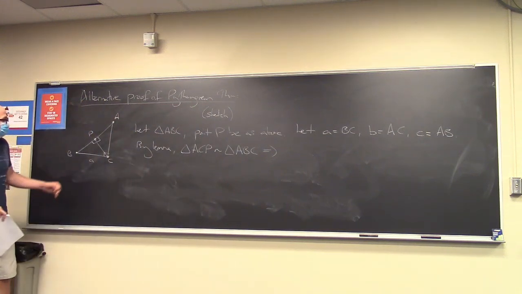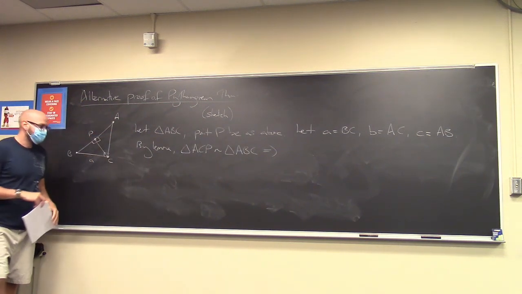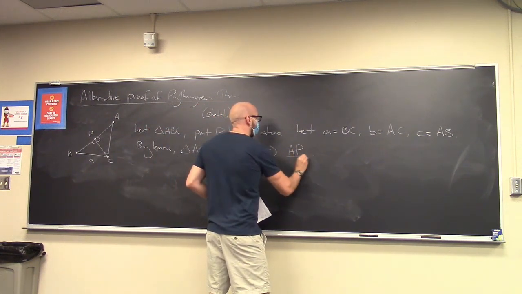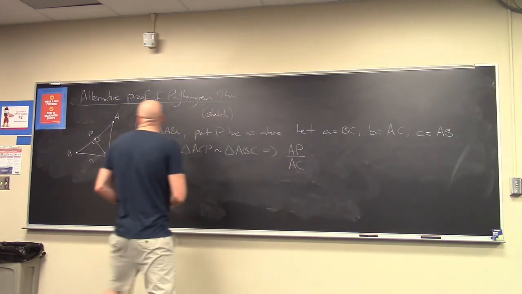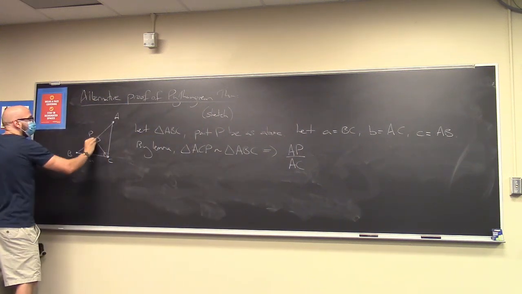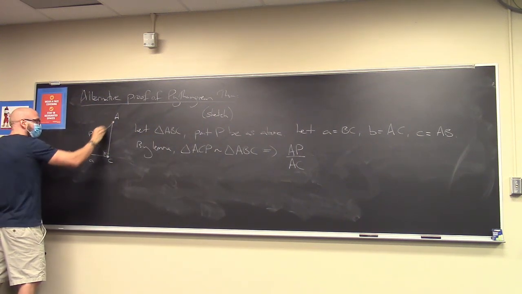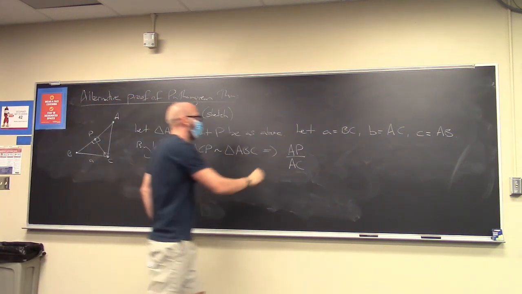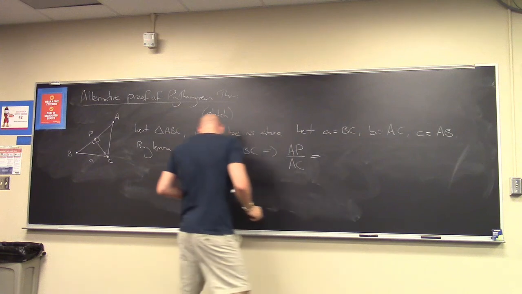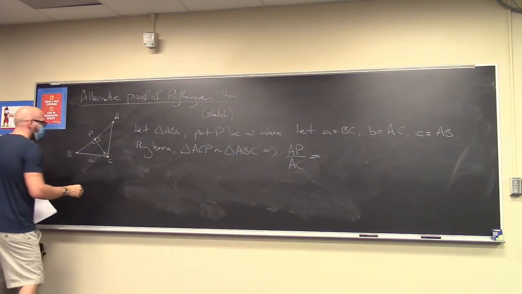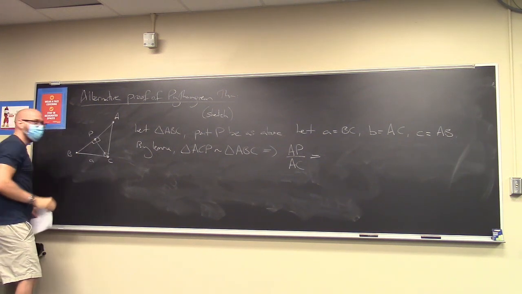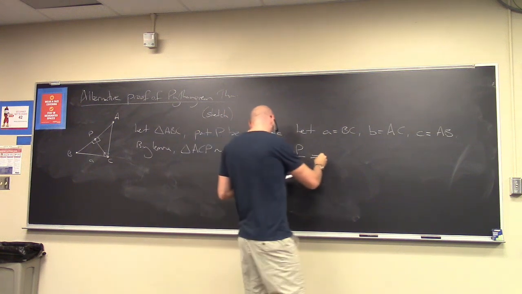What does this imply? This implies that their side lengths are proportional, right? So this means that AP over AC, this side corresponds, equals the ratio of the other sides, which I'm going to look at here, AC and AB, the two hypotenuses.